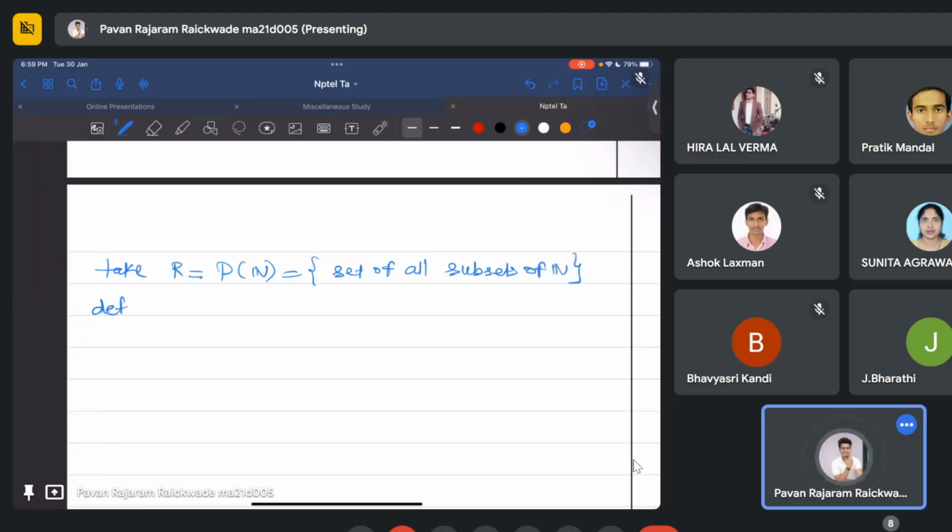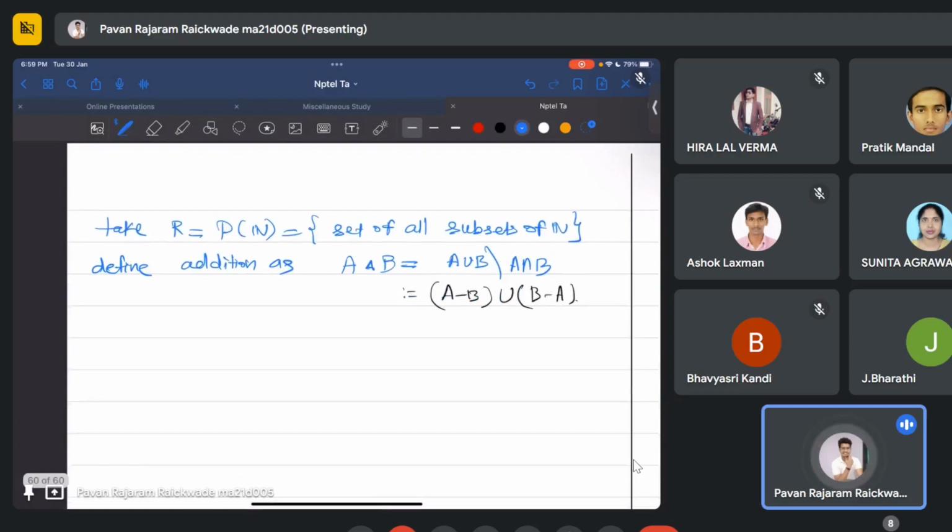And define the addition as, for any subsets A and B, the symmetric difference A Δ B is A union B minus A intersection B. Another way some people define it is (A minus B) union (B minus A). That's the same thing. So maybe you can take this as an exercise.